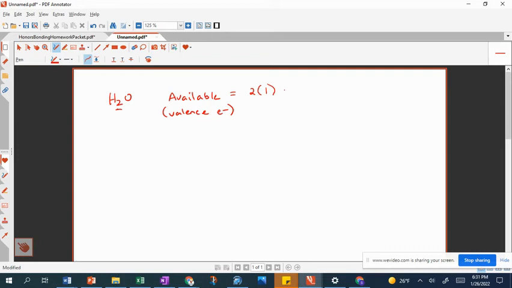We have 1 oxygen, and oxygen is in group 16. Everything in group 16 has 6 valence electrons. So this tells us we have 8 electrons available to form the bonds and also lone electrons in our molecule.